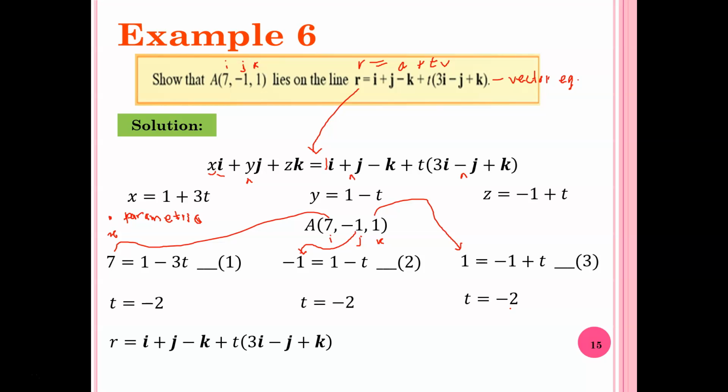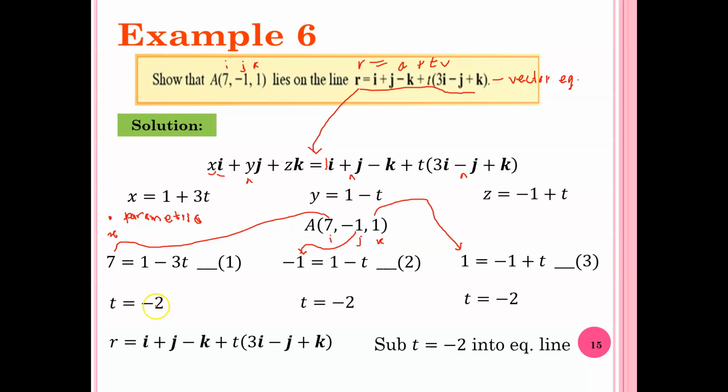Sama lah. So originally you have this one kan? Yang atas ni, ini original yang you dapat dekat atas ni. So dia kata bila you dah ada yang ini, why don't you substitute the value of t equal to negative 2? Ganti masuk dia ke dalam negative 2.